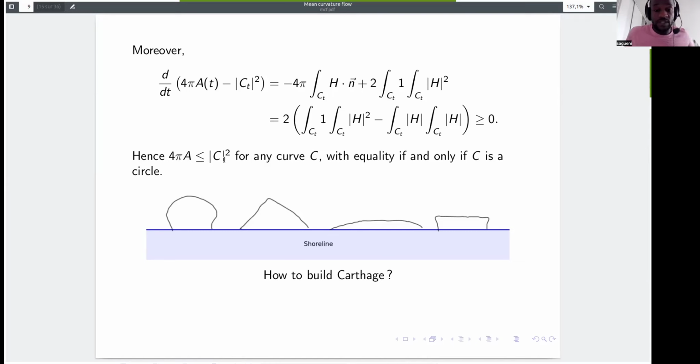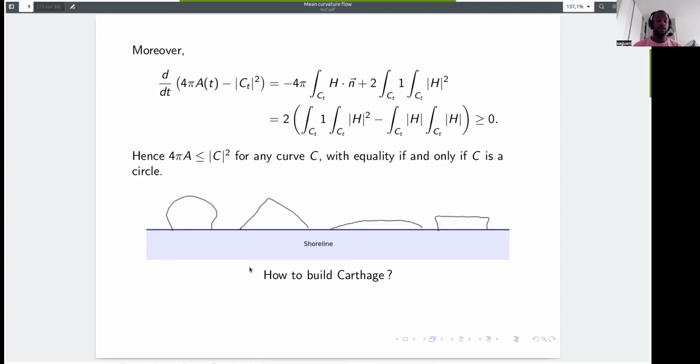Okay, so this brings us to a very famous problem, which is the foundation of Carthage city. A legend says that there was a king that showed a map to his fellows, and he brought a rope and put it on the map, and he said, here's this shoreline, and here's this rope.